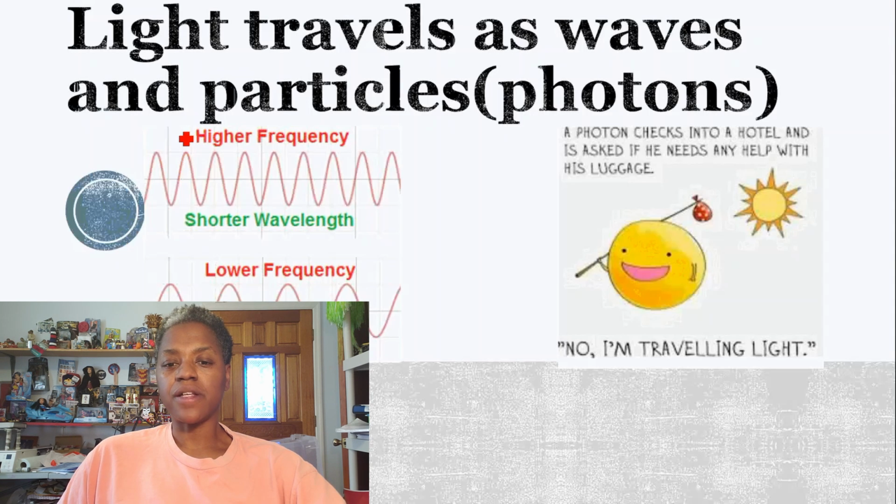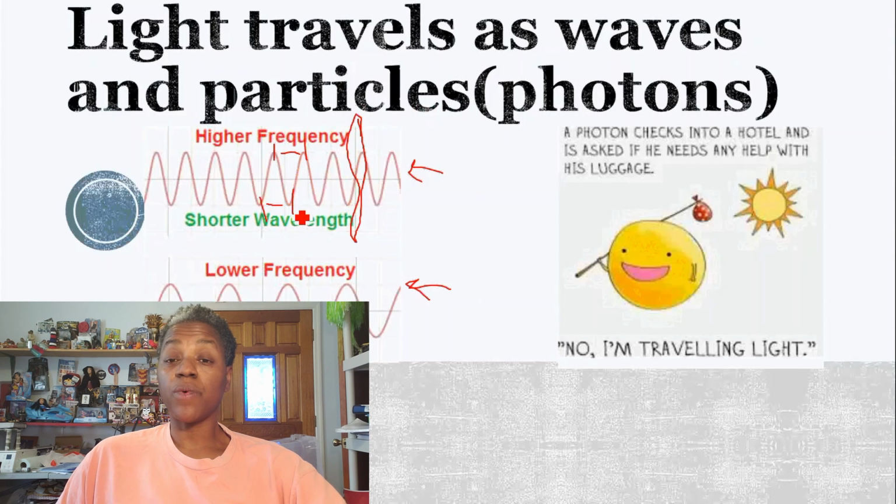Wavelength is the difference between two peaks or two troughs. So the distance here and the distance here. So what you see is if you have a high frequency wave, you have a short wavelength. And if you have a low frequency wave, you have a longer wavelength. So if you think of these dots traveling in waves, then that is how light travels.